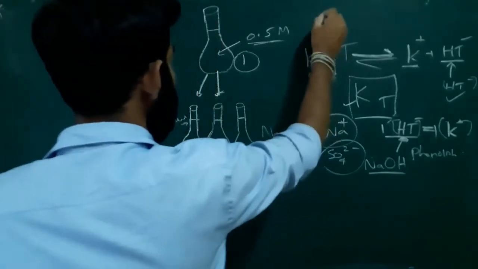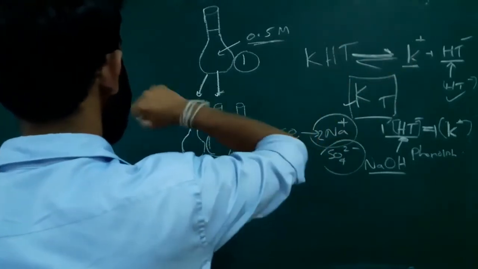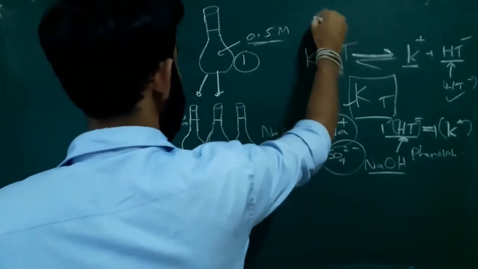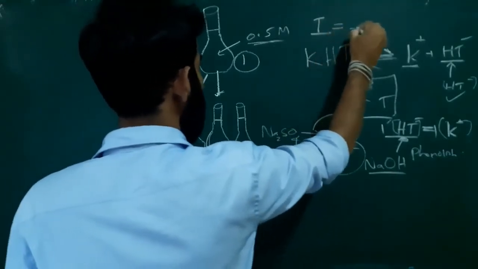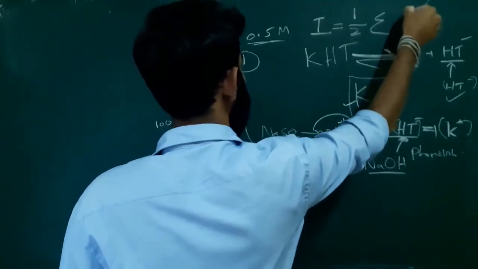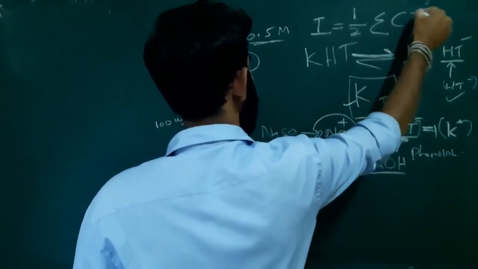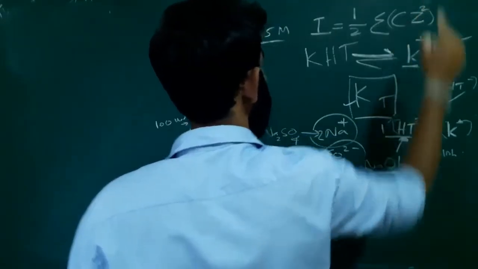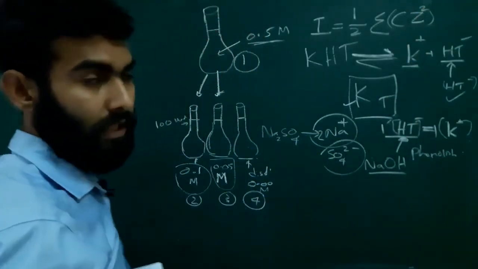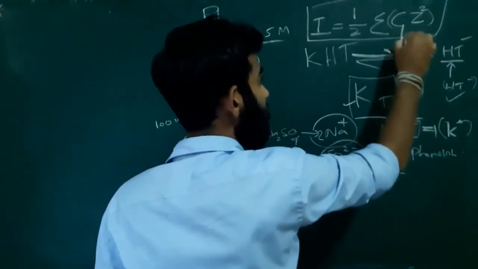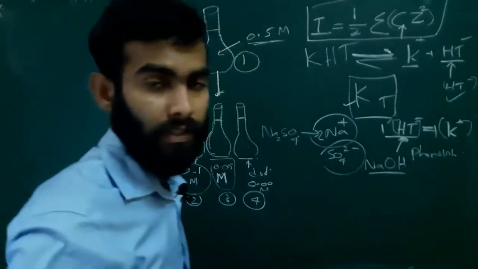Ionic strength, there is a popular equation to calculate it. Ionic strength is equal to half the summation of concentration times the square of the charge number. By using this equation, you know the concentration and you know the charge number.